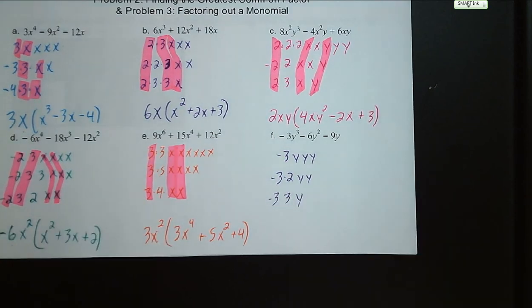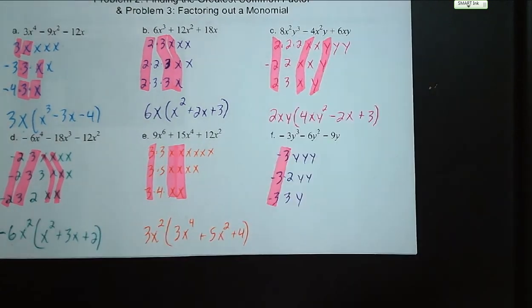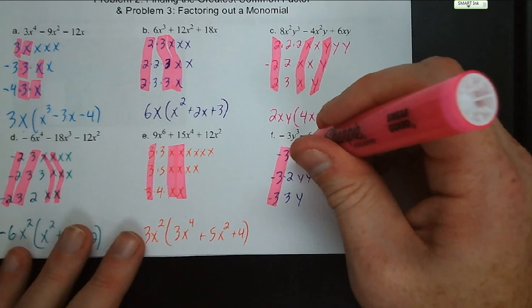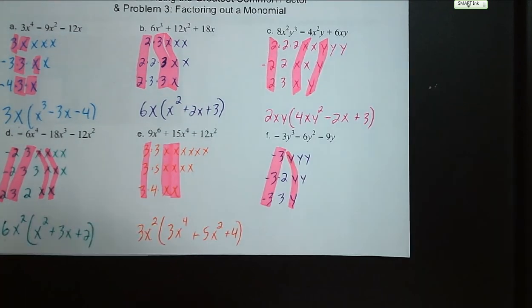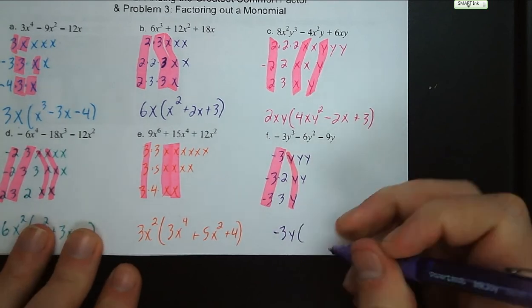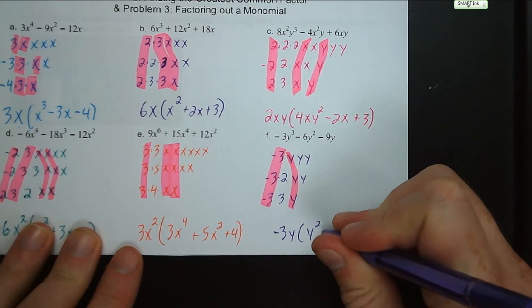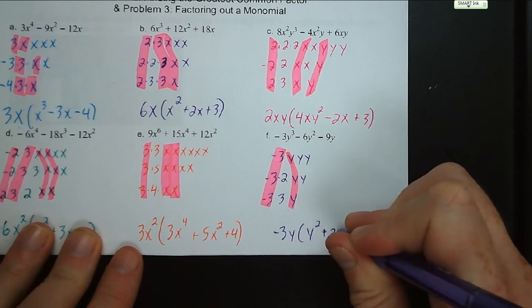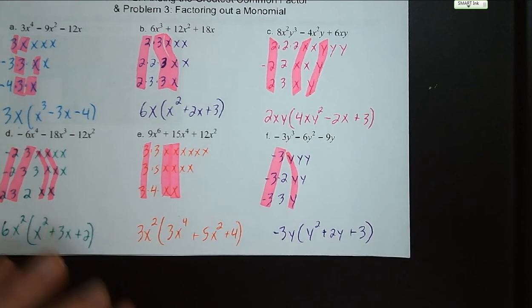So again, we look and see, well, I've got a negative 3 for all three terms, and I have a y in all three terms. So I take out negative 3y. I'm left with y squared plus 2y plus 3. Okay.